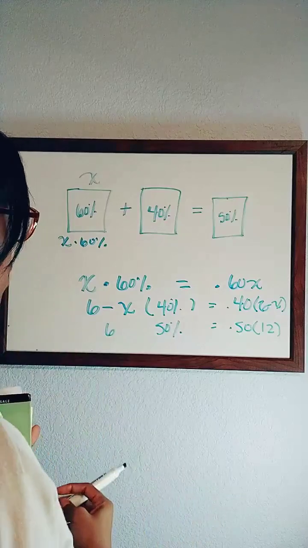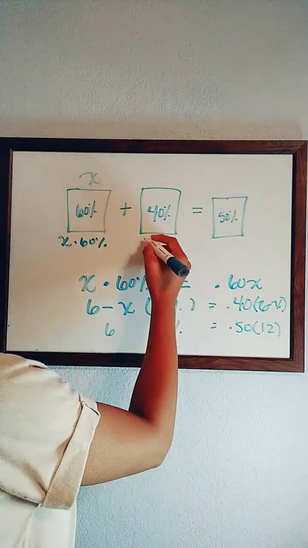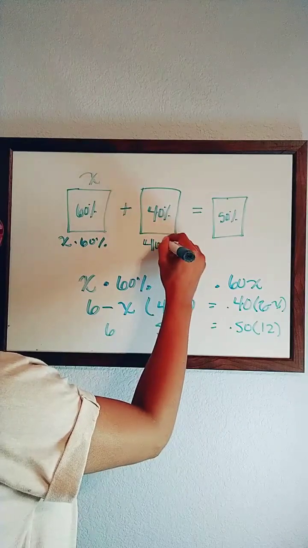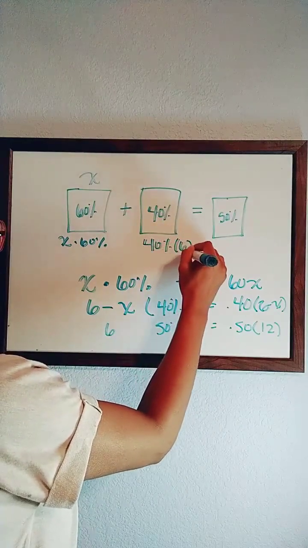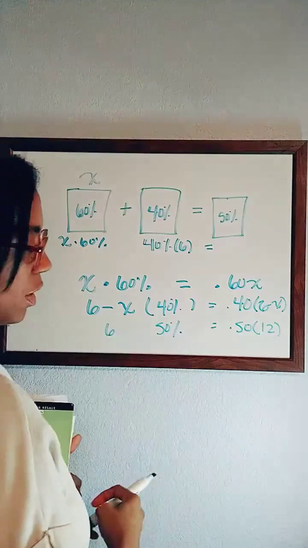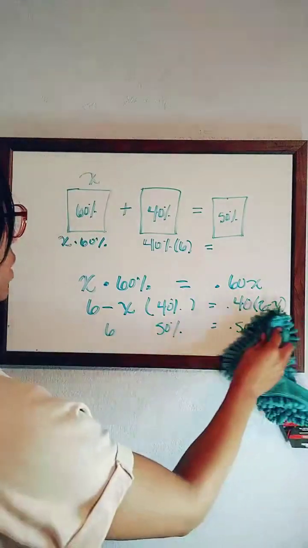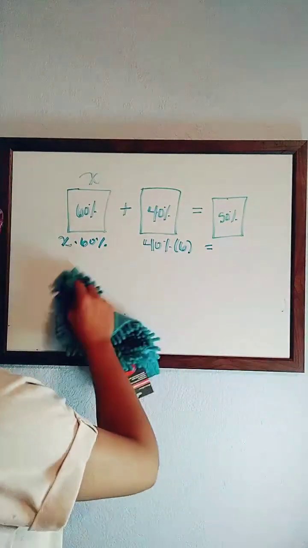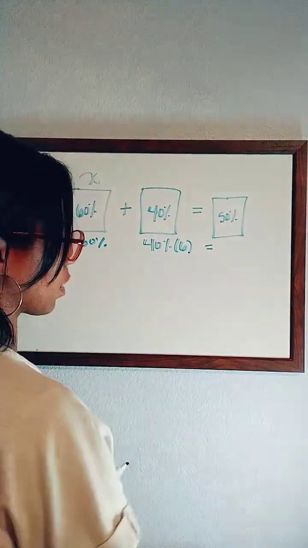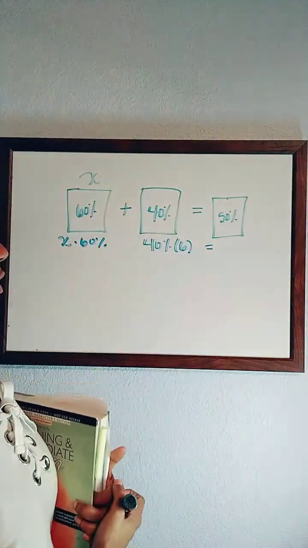Okay, so this would be 40% times 6 is equal to, let me see if that's going to work, to make a 50% solution. But then it doesn't say how much it is, huh?